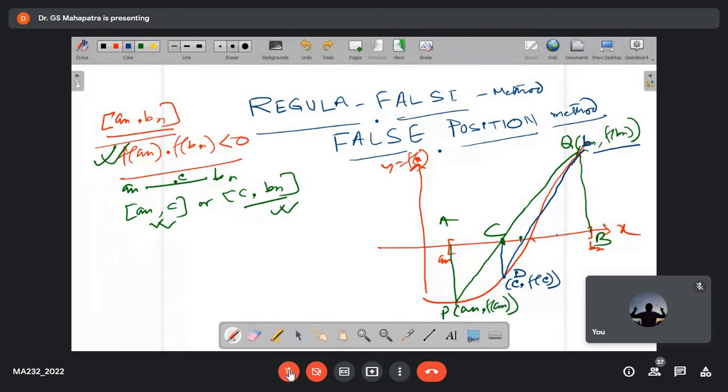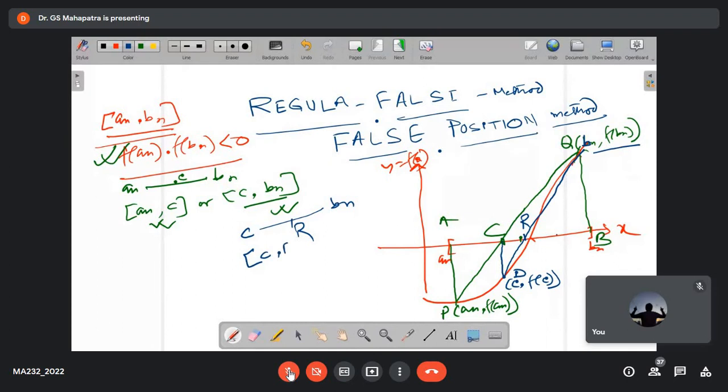Okay, so now if you join D and Q, let us consider this point, and this point you consider say R. So the new point is R. Earlier it was C comma Bn, now one point is R. The same procedure you have to check.